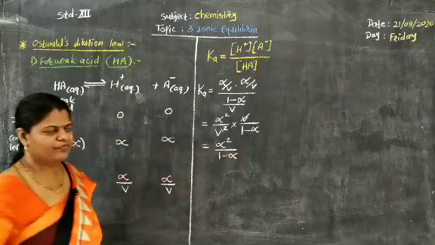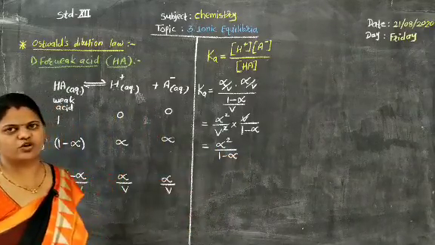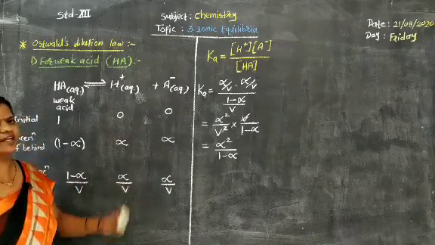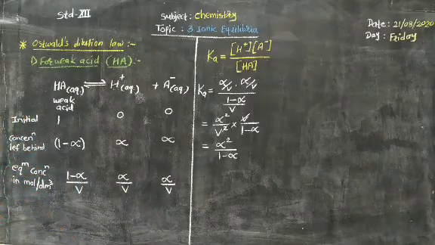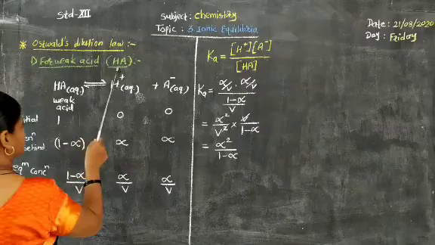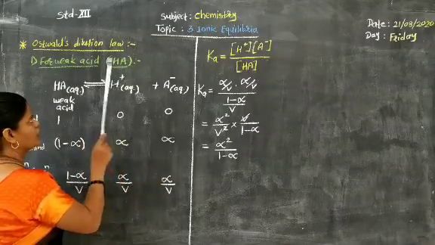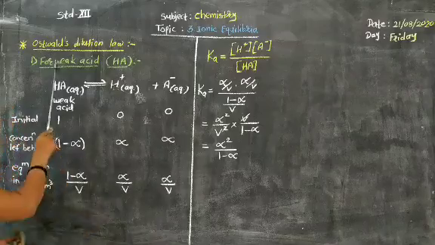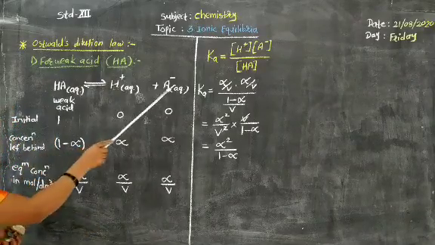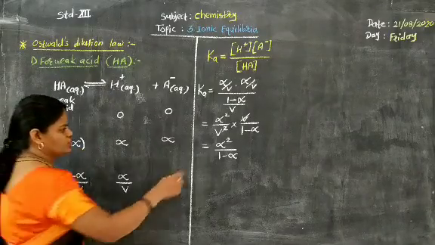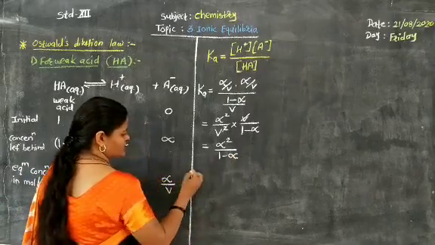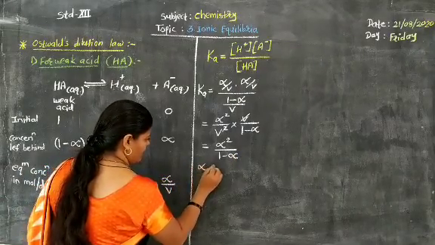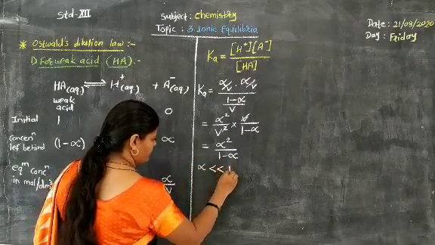Now what is alpha? Alpha is the degree of dissociation of a weak electrolyte. For weak acid HA, the degree of dissociation is very small. Whenever a weak acid is present, it partially dissociates. Therefore, dissociation is to a lesser extent as alpha is very much less than 1.